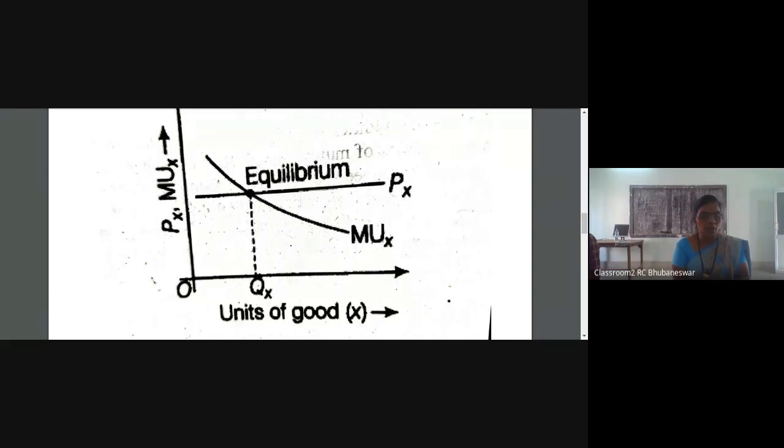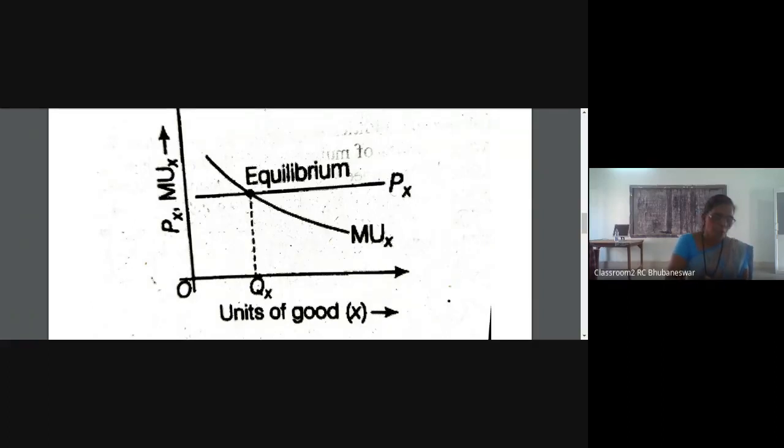At that level, the consumer is consuming the good where PX, the price of commodity X, is equal to the marginal utility. At that time he reaches the equilibrium point, and it is constant.